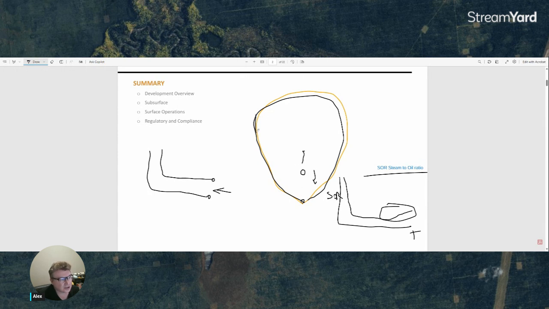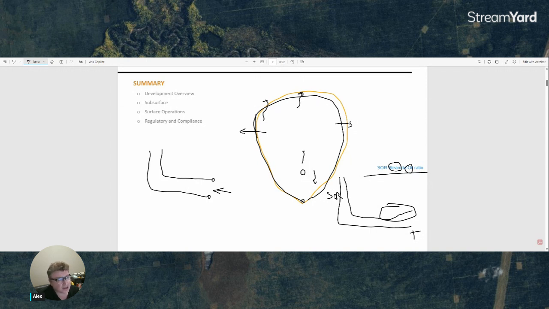Really, it's a function of the heat losses taking place to the overburden, and lateral expansion of the steam chamber. To produce more oil, you essentially need more steam, so you have that increase in SOR over time. We talked about this challenge.